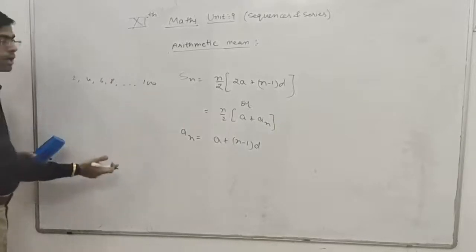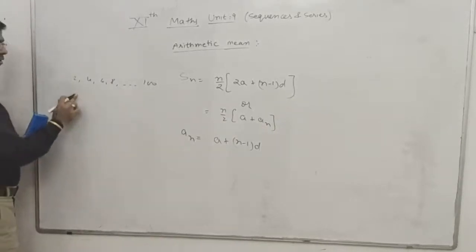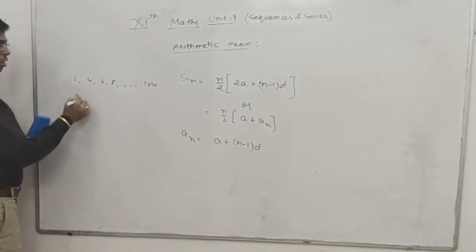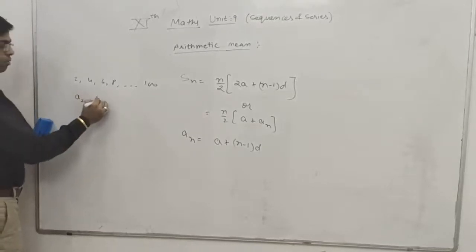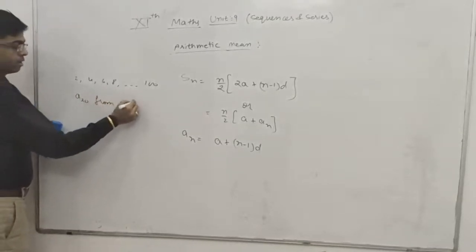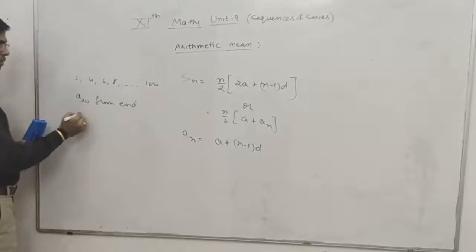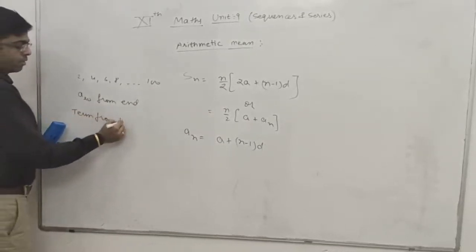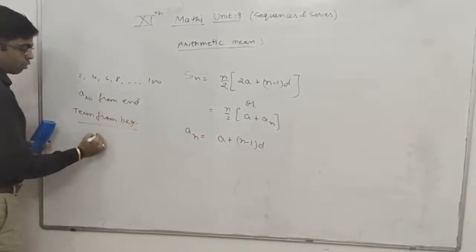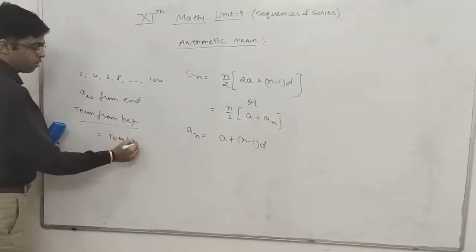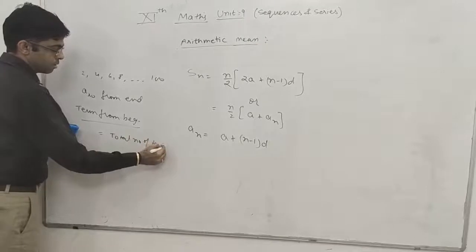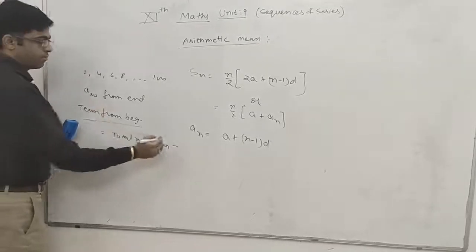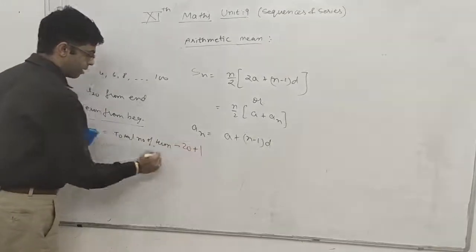If we are interested in the 20th term from the end, then the term number from the beginning will be total number of terms minus 20, plus 1.